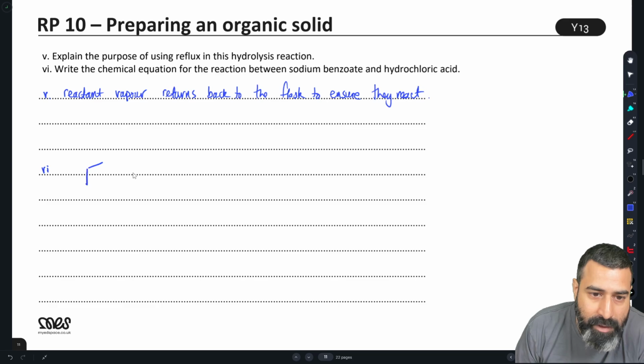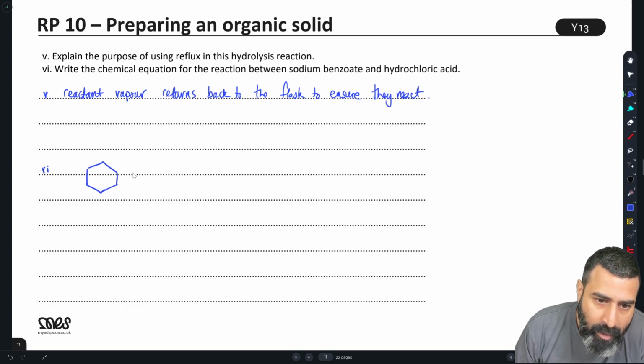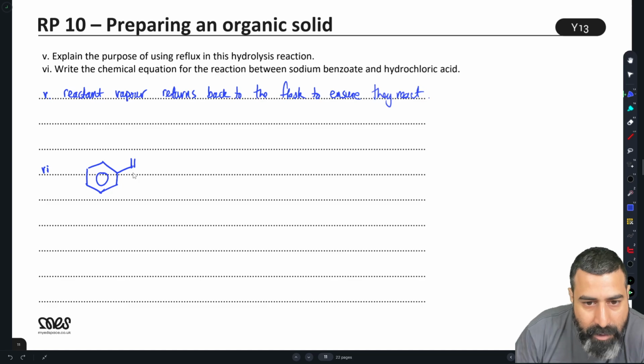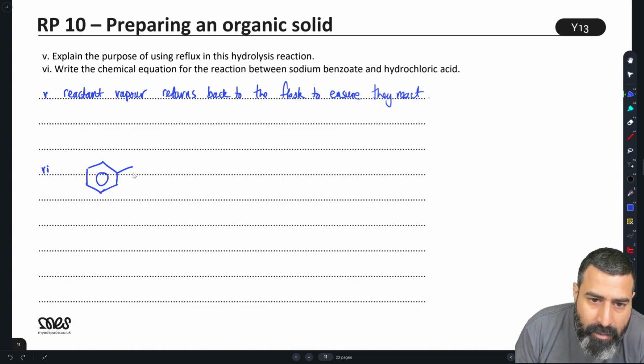So then part 6, we've got to write the chemical equation for the reaction between sodium benzoate and HCl. Okay. So I'm just going to do it as displayed. I'm just going to put my carbons in here actually. So let's put my carbon in there.